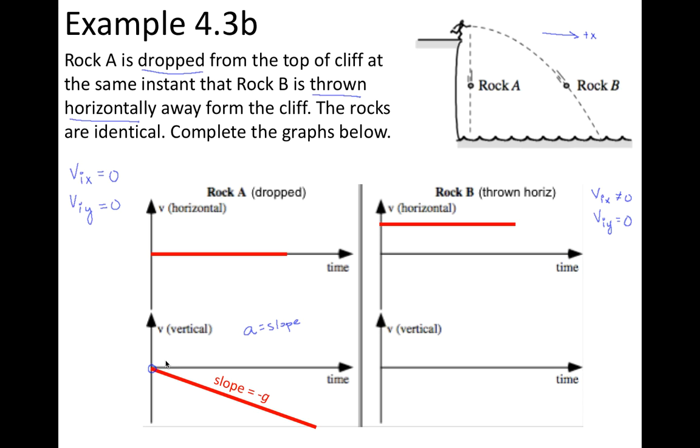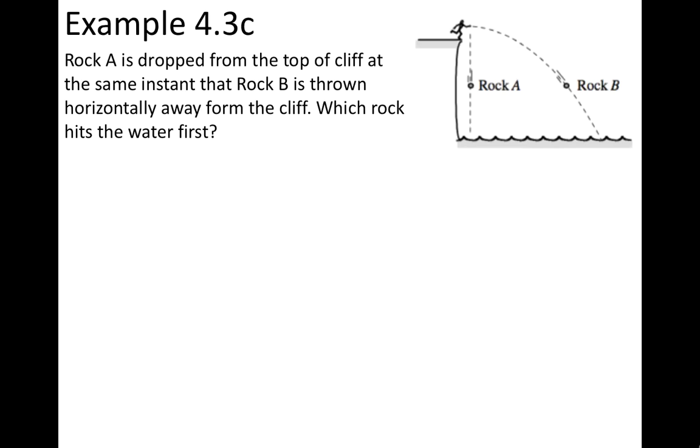Now, what about the y velocity, the y motion? Here we should get the same graph as for rock A, and that's because they have the same y motion. They have the same acceleration in the y, they have the same initial y velocity, and so we should have a straight line with a slope of negative g that starts from the origin.